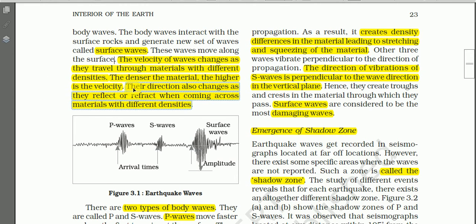And their direction also changes as they reflect or refract when coming across material with different densities.